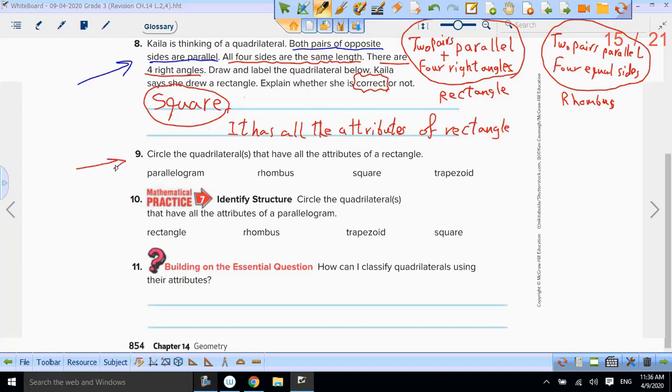Now, for example 9. Circle the quadrilateral or quadrilaterals that have all the attributes of a rectangle.